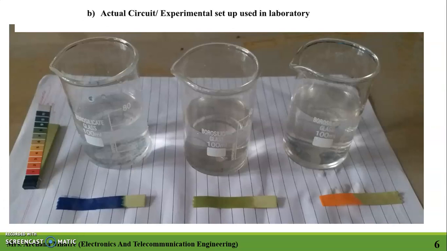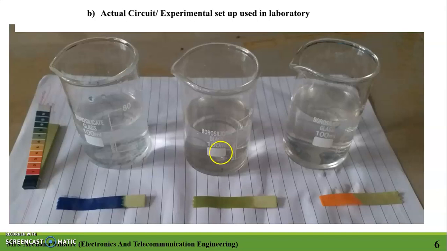Now this is the actual experimental setup in our labs. Here I have taken three solutions. First, when I dip the pH paper in the first solution, the color is blue. That means this solution is a base solution. When I dip the pH paper in the second solution, the color is green.